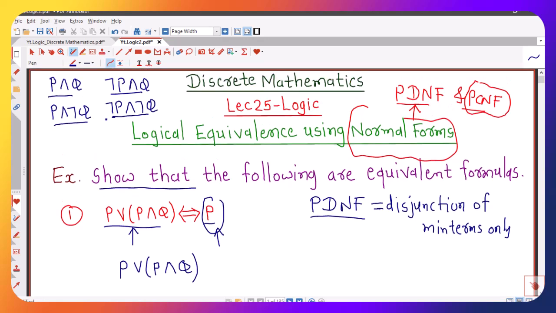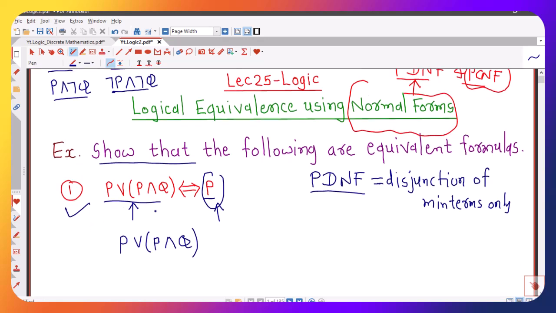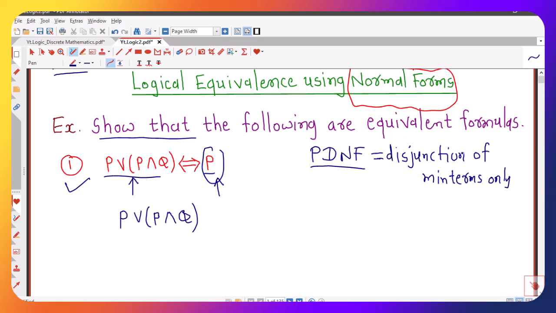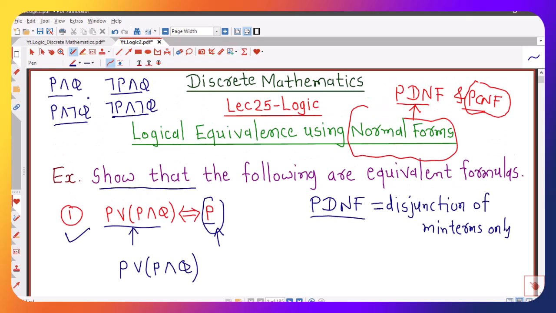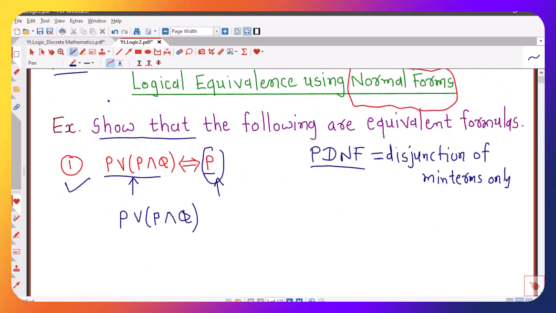For three variables we will have 8 min terms, but in our formula we have two variables, so we will find out PDNF as a disjunction of min terms which are among these four min terms.